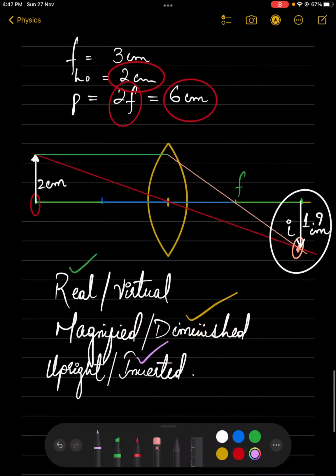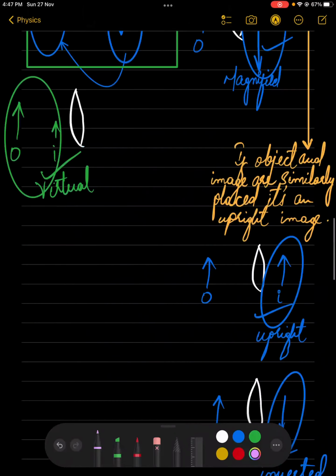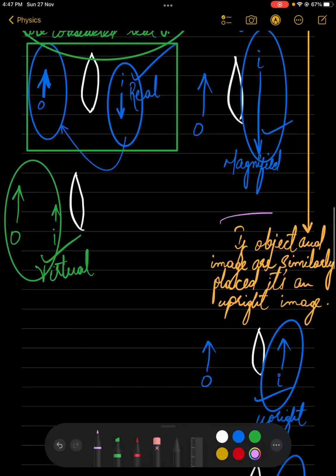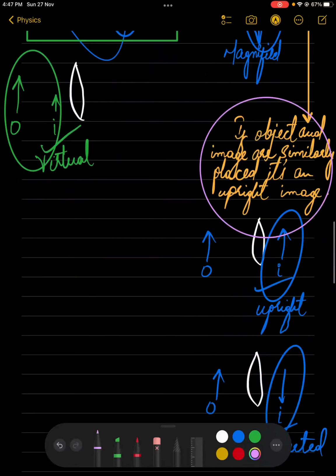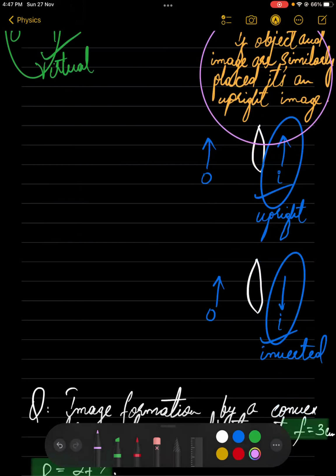In the same way we have upright or inverted. तो upright or inverted का case कुछ ऐसे है that if the object and image are placed on the same side or on the same orientation, like this one, they are placed in the same orientation.